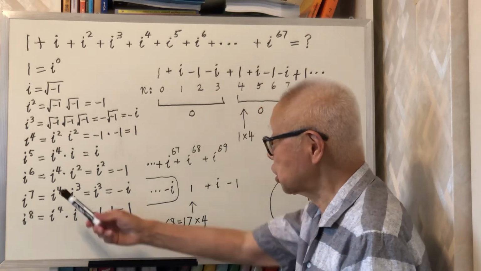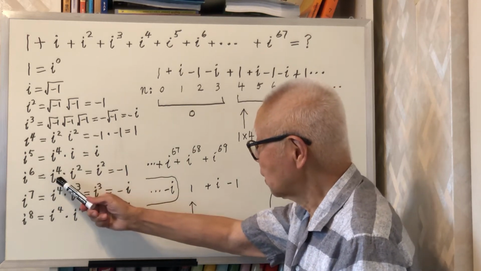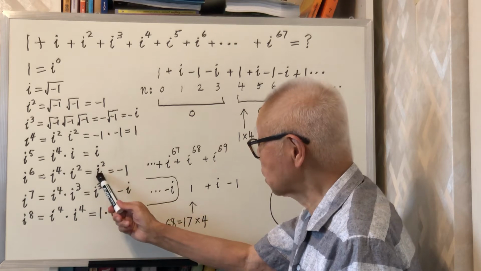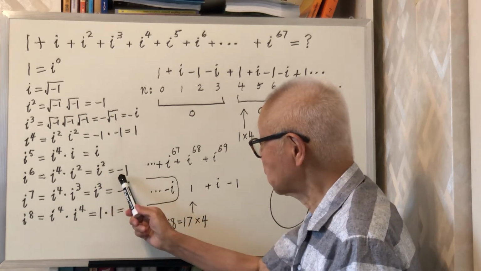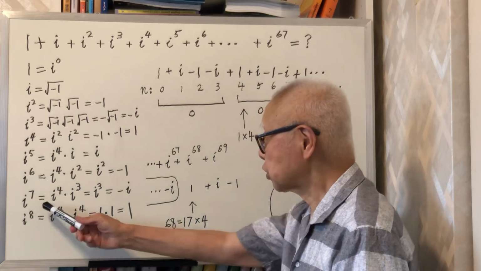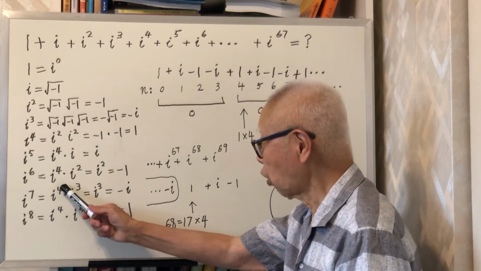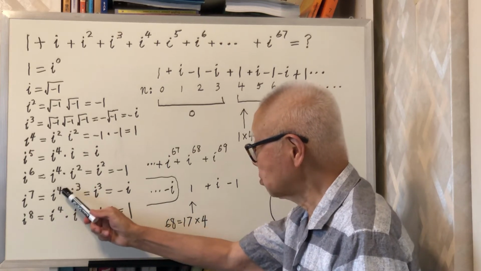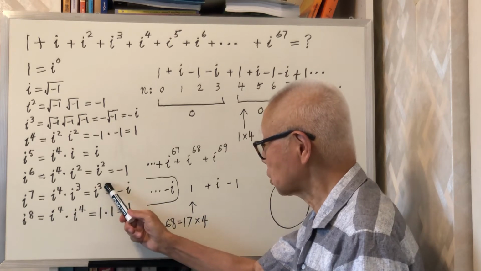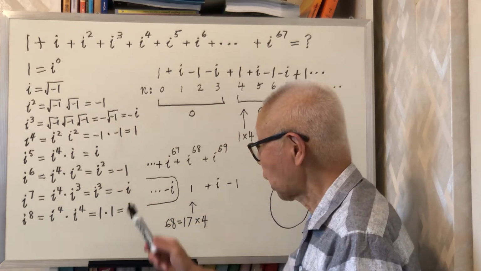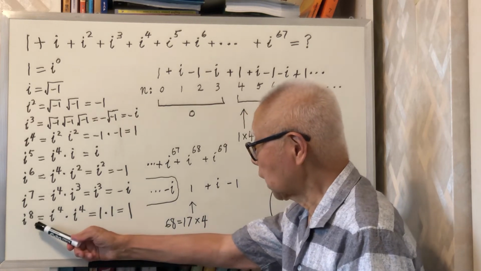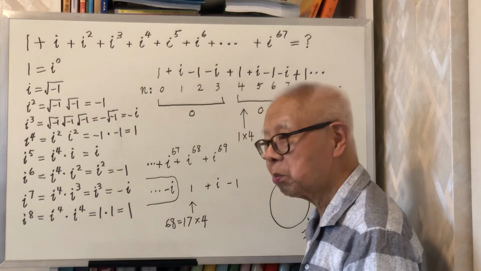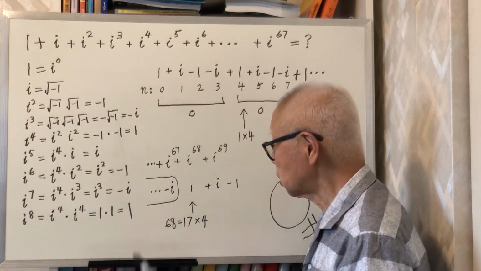Similarly, i to the power 6 is i to the power 4 times i squared, and this is just i squared, so it is -1. i to the power 7 is i to the power 4 times i to the power 3, so this part is 1, therefore this is i to the power 3, which is just -i. Then the next one, i to the power 8, is i to the power 4 times i to the power 4. It is 1 times 1 and is equal to 1.